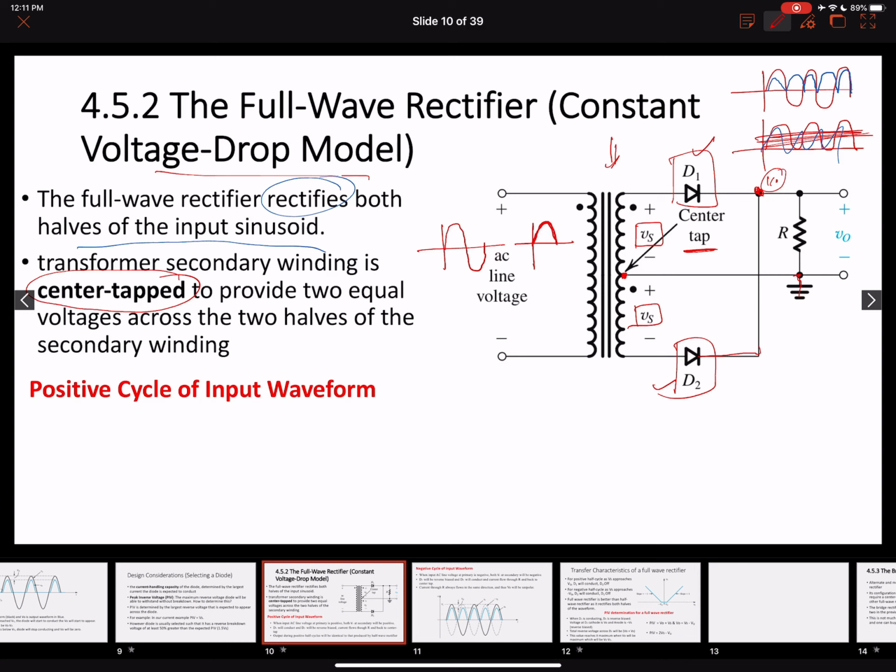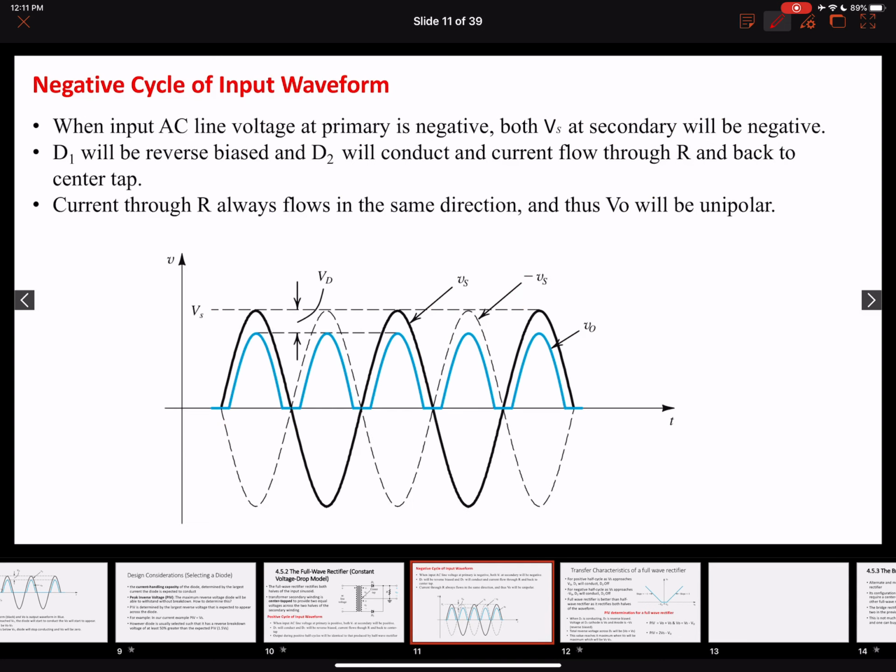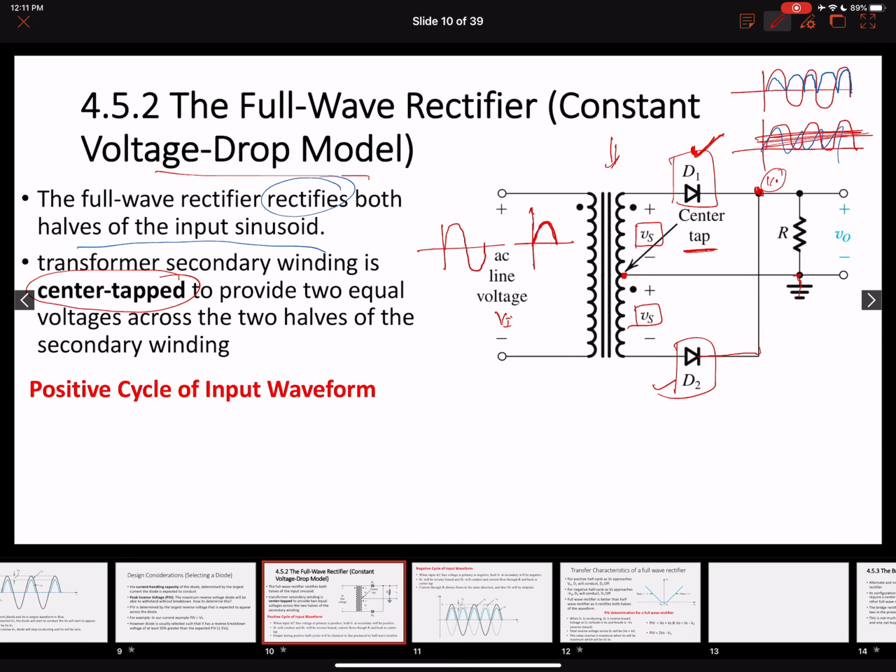In a positive cycle, the diode will become forward biased, of course once it crosses the barrier voltage, VD. In a positive cycle, D1 will start to conduct. Let's call this input voltage VS.